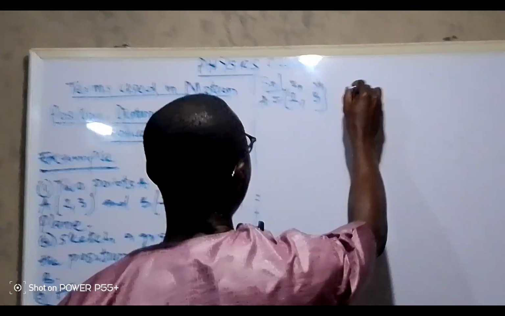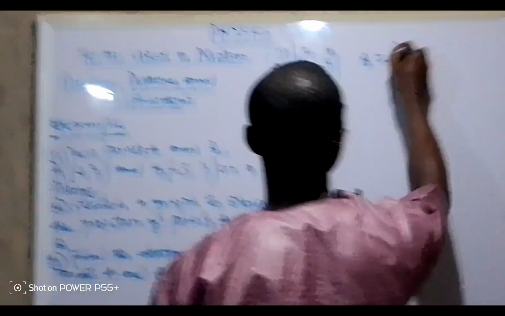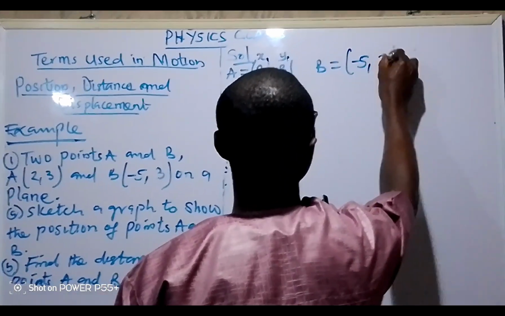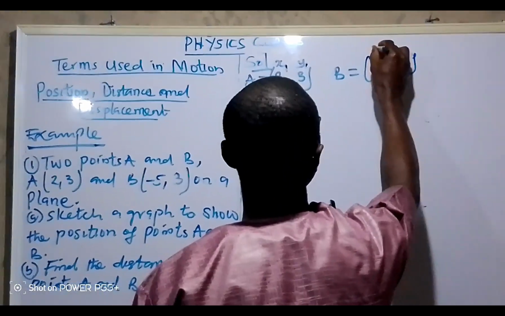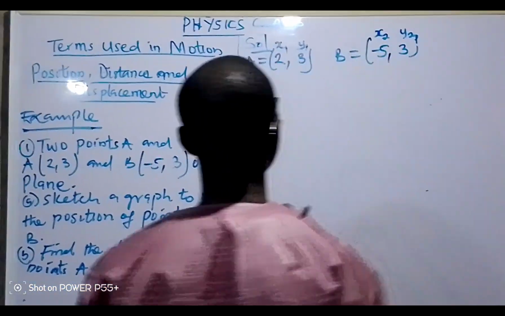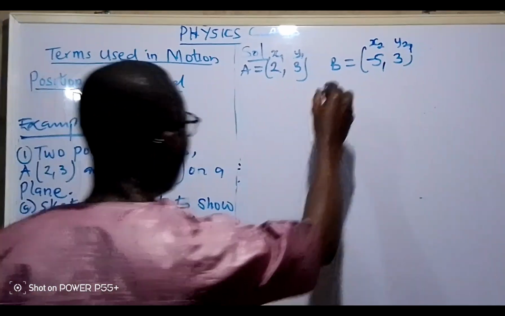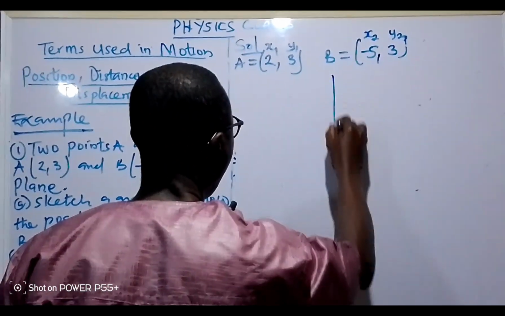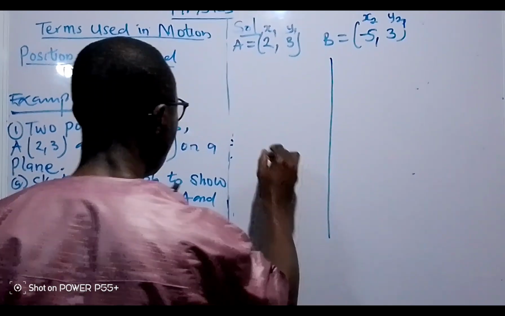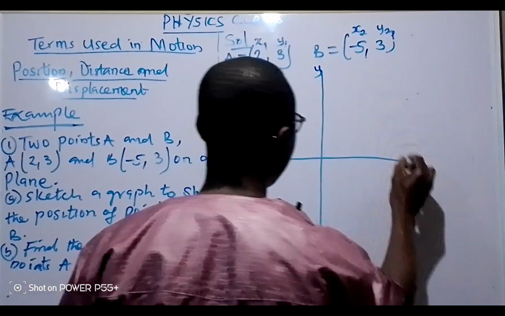For B, B is located at (-5, 3). Call this one x2 and y2. Now to locate their position, just draw your y and x axes. This is y, this is x.